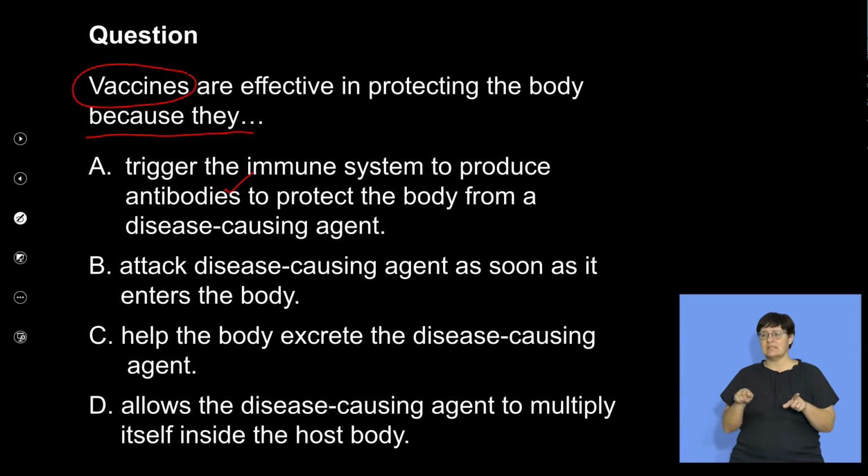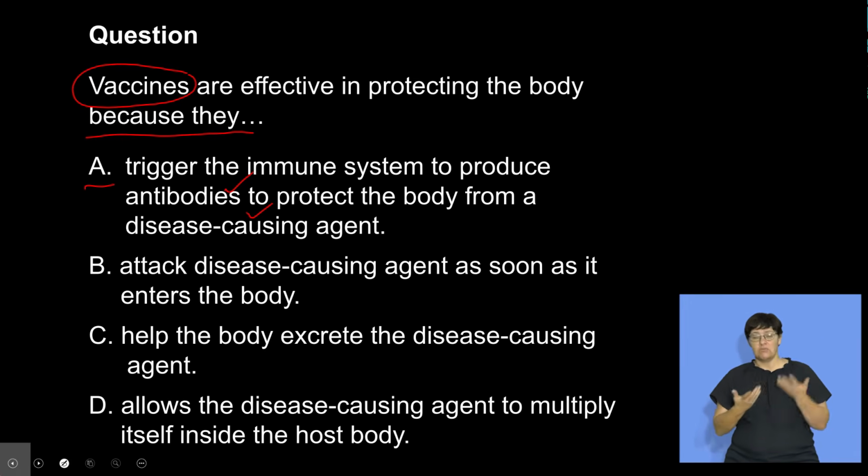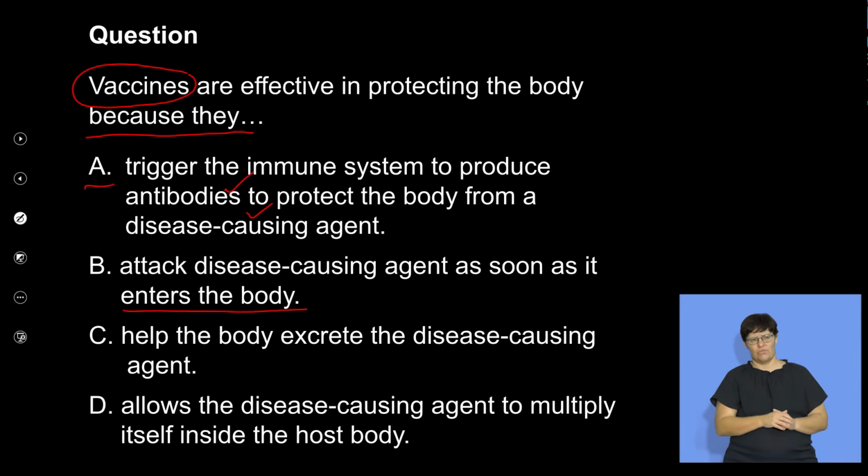And to protect the body from disease-causing agents. Yes, they do. So we're going to leave number A. It looks like it's probably the correct answer, but I need to carry on with the rest just in case there is a more correct answer. Number B, they detect disease-causing agents as soon as they enter the body. No, guys, they can't. They've got to take a while.